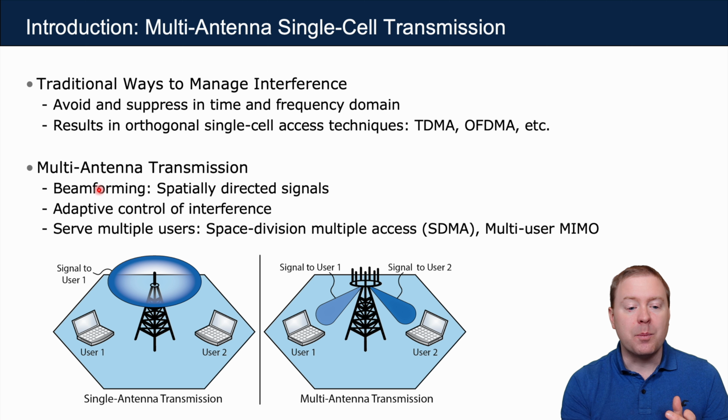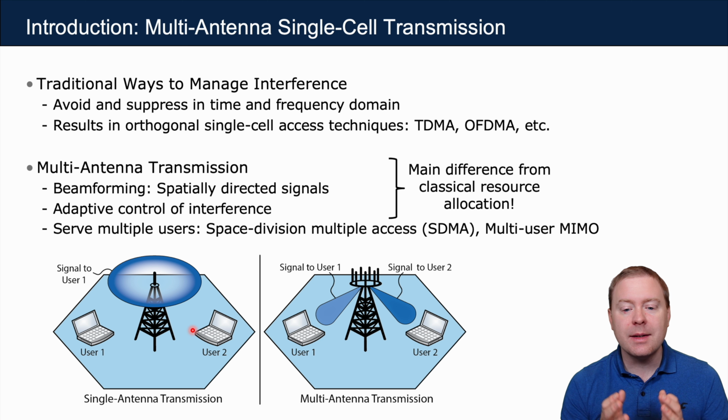There is the concept of beamforming that allows you to transmit signals in different directions towards different users. And then you can transmit one signal to user 1 and another signal to user 2 at the same time. And this should be contrasted against only having one antenna. When you're transmitting one signal, it is spreading out in all directions, and therefore there is no point in trying to transmit to multiple users at the same time, because you will always get a mix between the two signals.